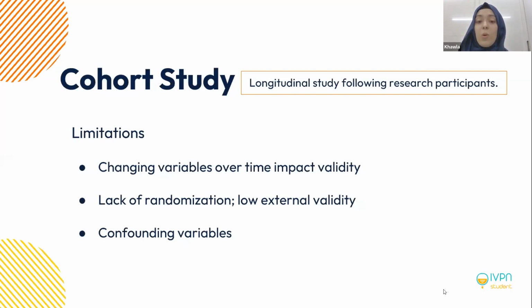There is also low external validity due to the lack of randomization, as in the subjects are chosen by the researchers rather than by randomization, which my colleague will be expanding upon later. Also, there is a chance that confounding variables might interfere with the study. Confounding variables may affect the outcomes, and they are variables differing from the ones that are being studied or observed by the study.